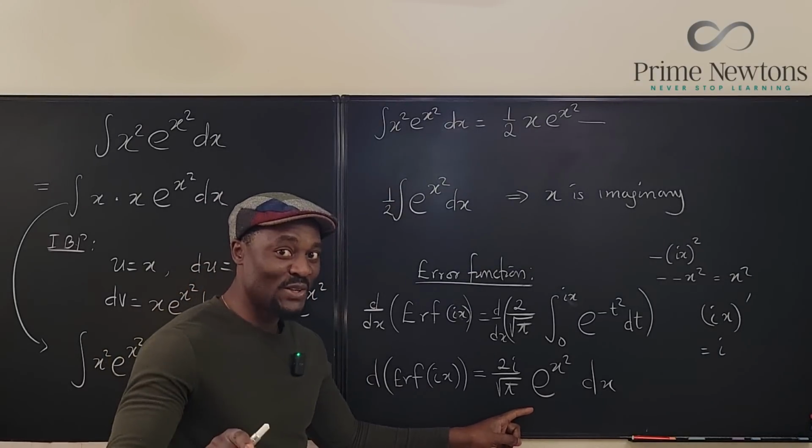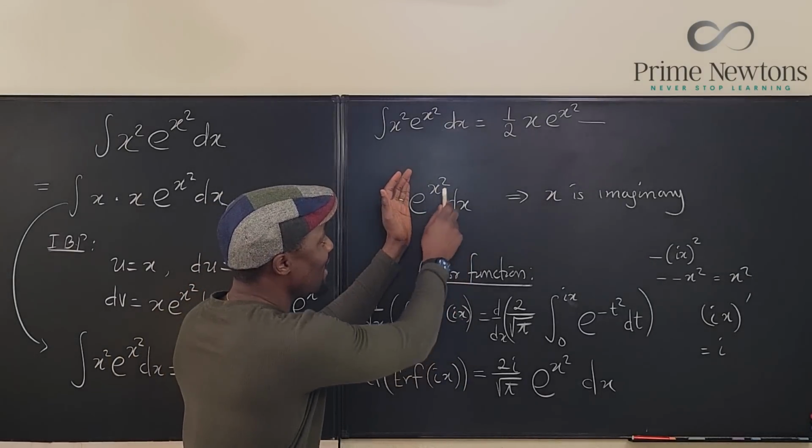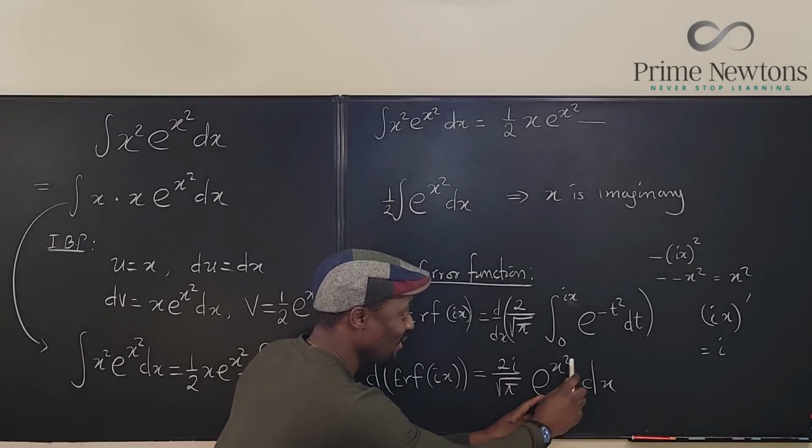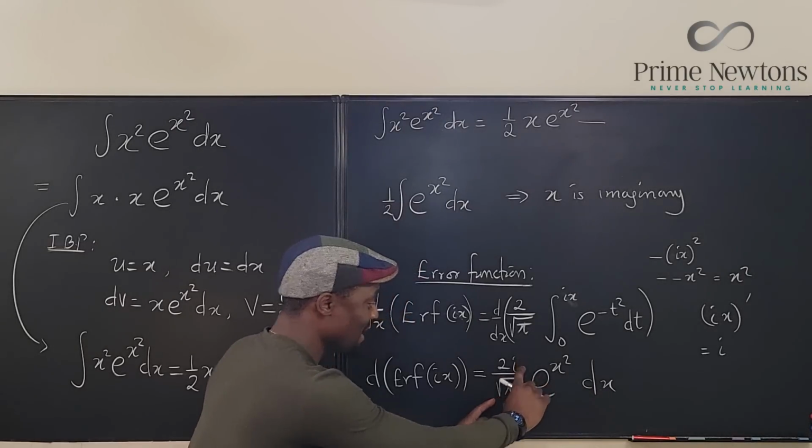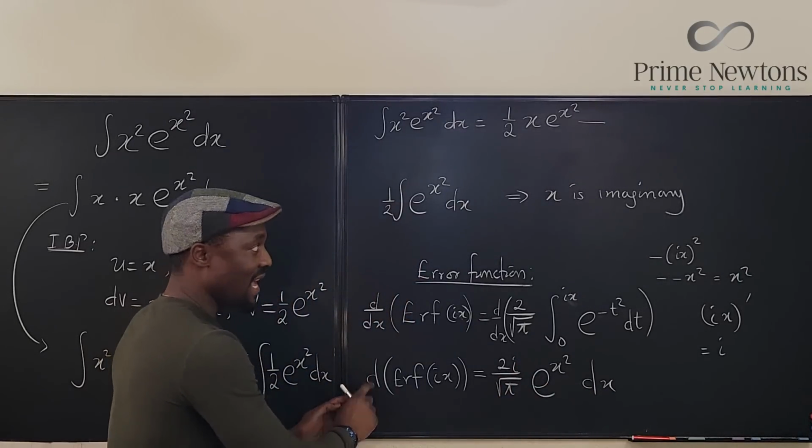And remember what we're looking for. We're looking for e to the x squared dx. I have it, e to the x squared dx. I can move this over to this side and see what happens.